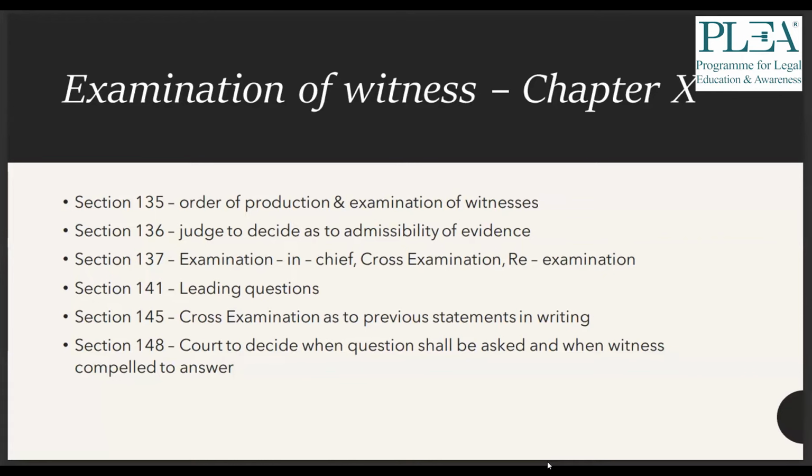The third part is re-examination. This hardly happens, but sometimes it does. Now, examination in chief could also be of the witness and also of the informant. The victim herself or himself has narrated a story saying such and such thing happened and it led to a certain crime.